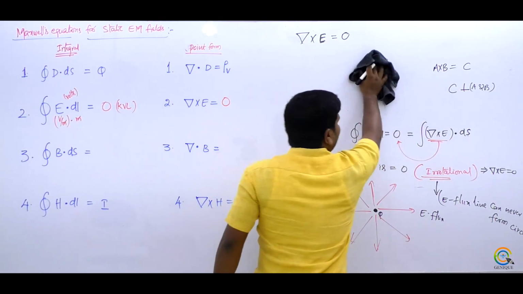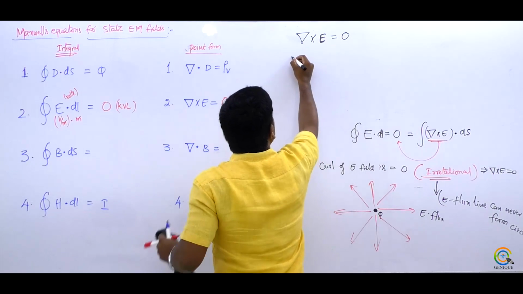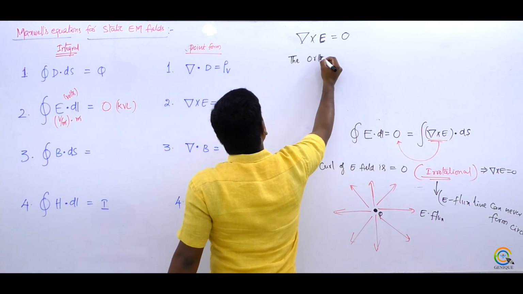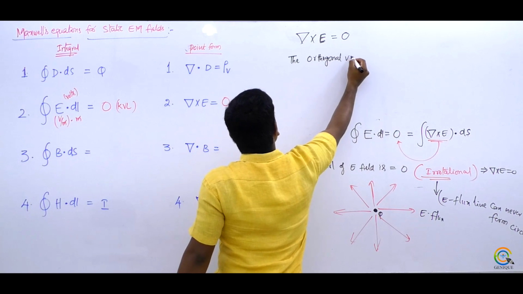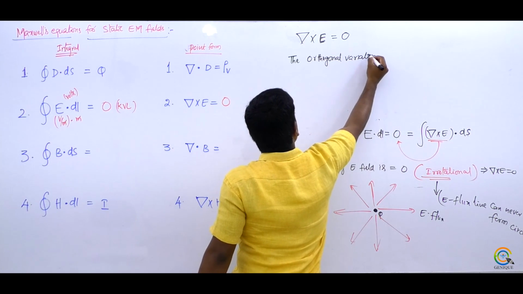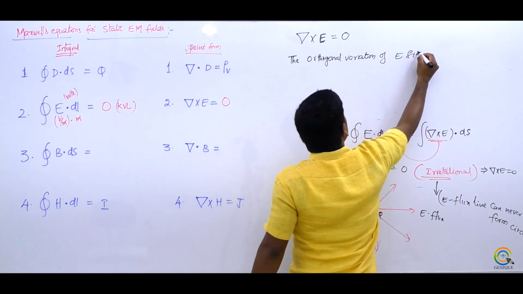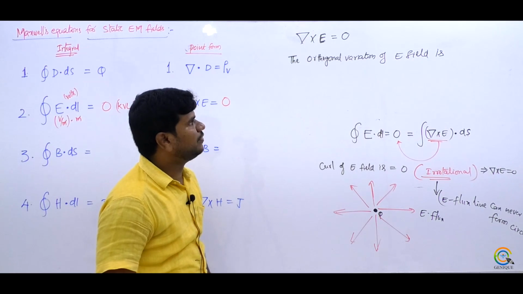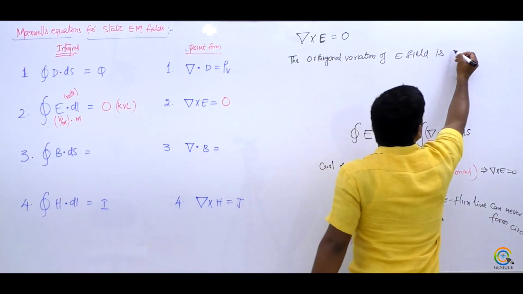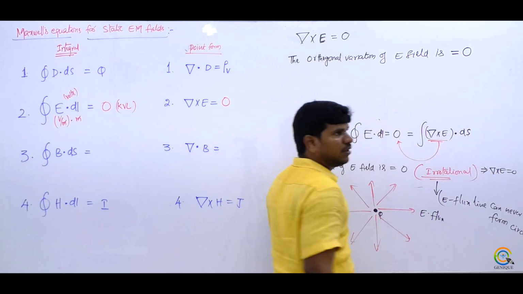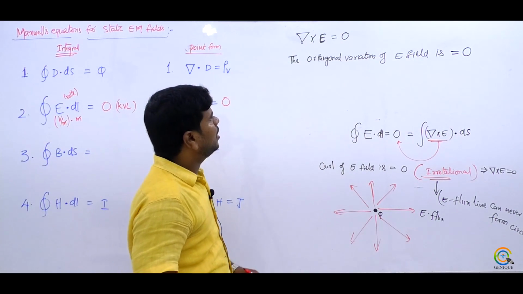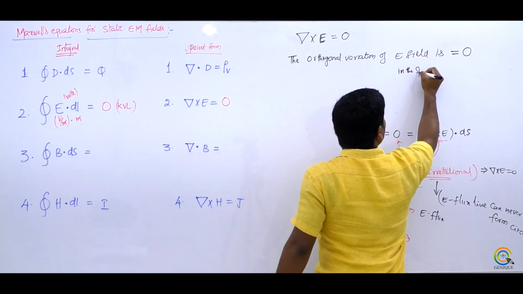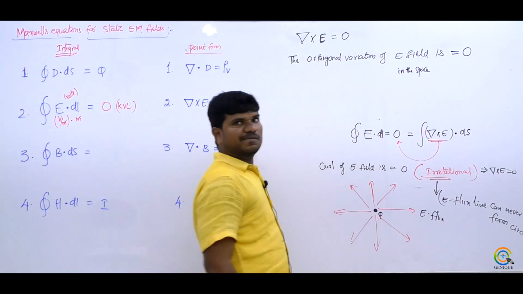Del cross E is 0 means the orthogonal variation of the electric field in space is 0.